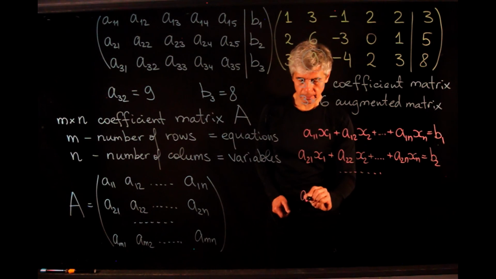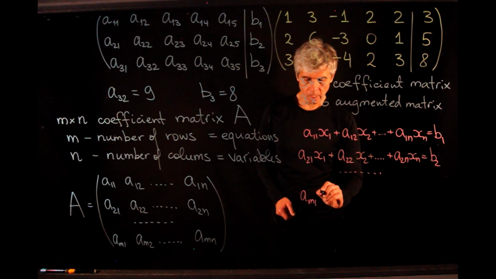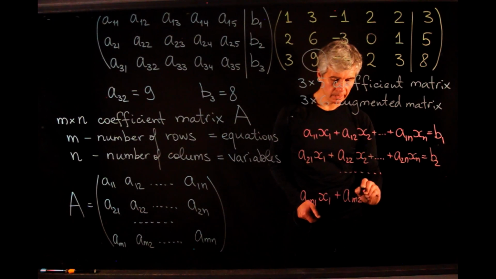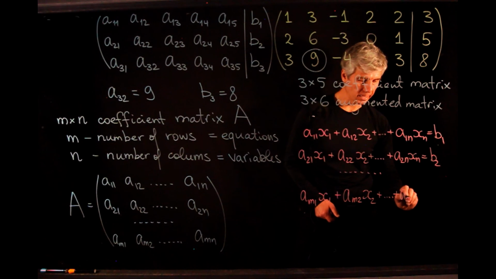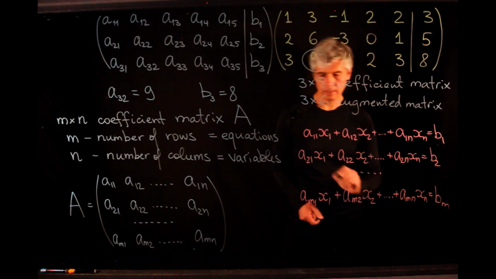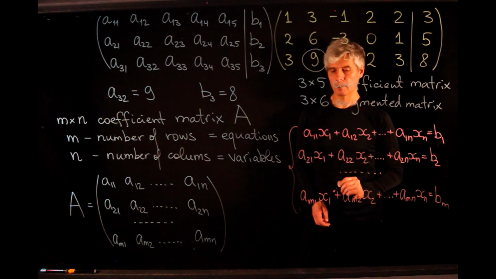And finally, the last equation, number m, will be Am1 x1 plus Am2 x2 plus up to Amn xn is equal to bm. And this will be how we denote the system of linear equations.